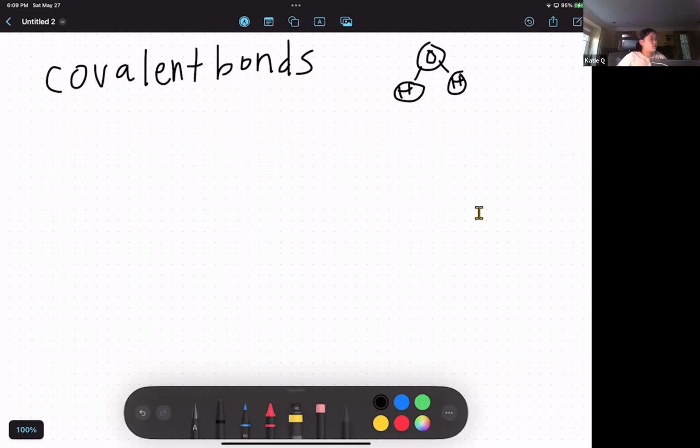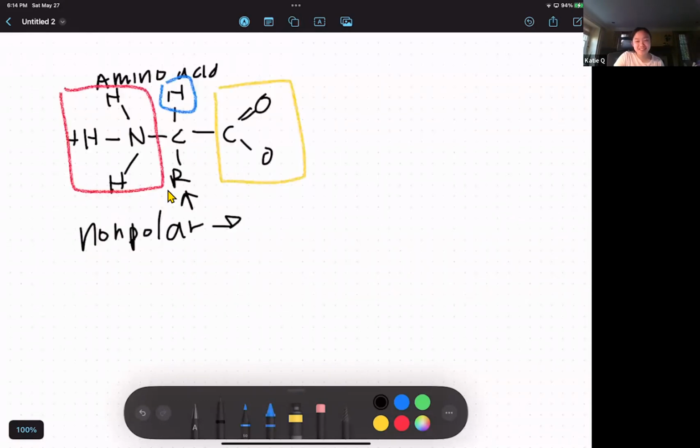It does not look like this. Can everyone see the amino acid drawing? I don't know.